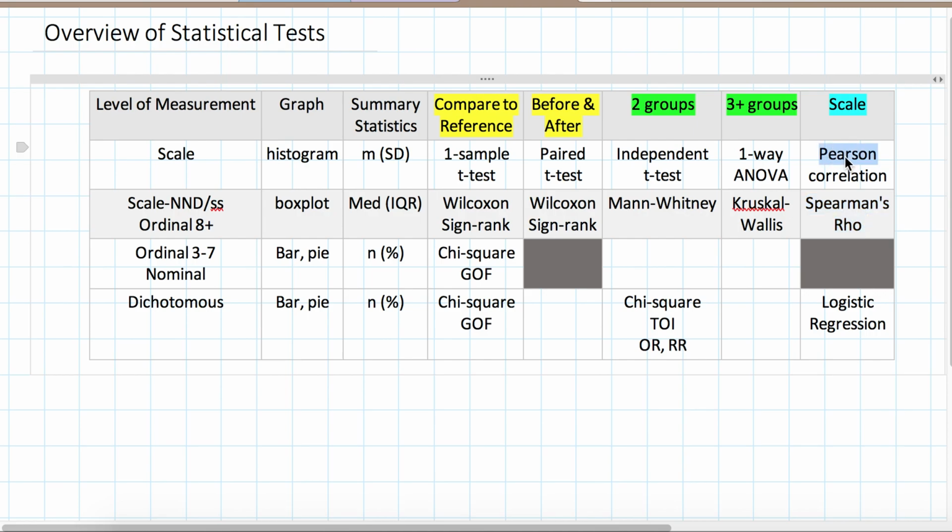So here with Pearson we have scale by scale. With Spearman's, technically we don't have scale, we have rank by rank. And so this is a ranked kind of an evaluation. So we filled in the top two rows. You're going to see more about all of those statistical tests.